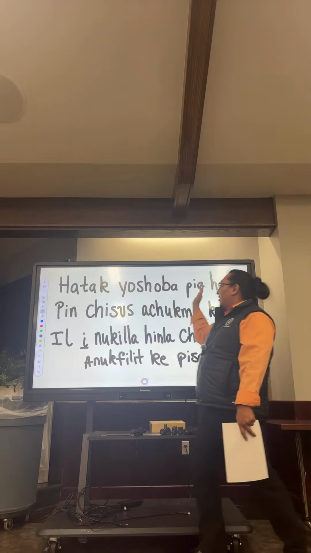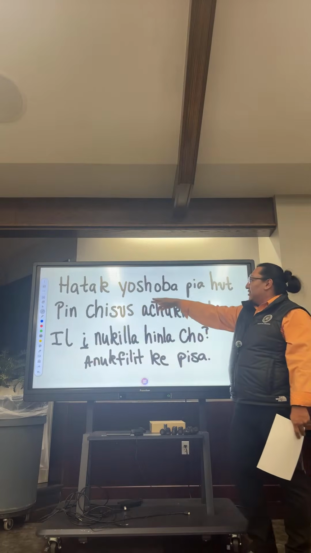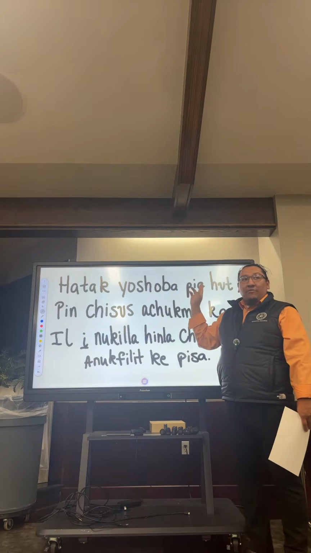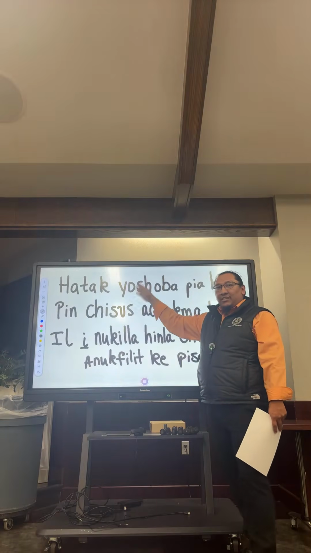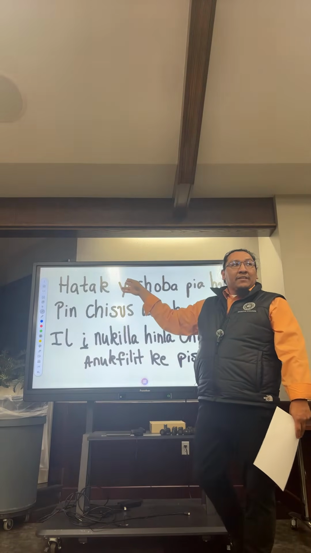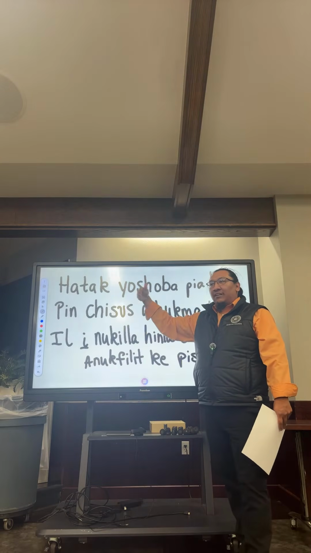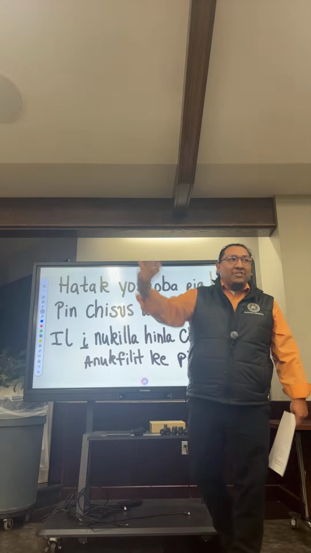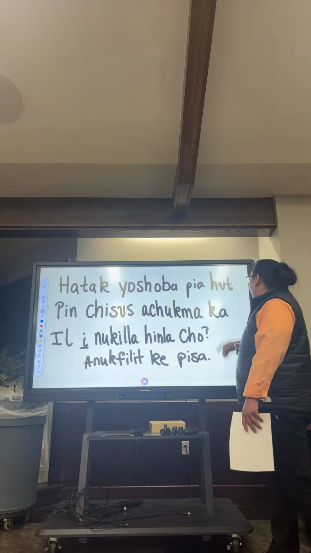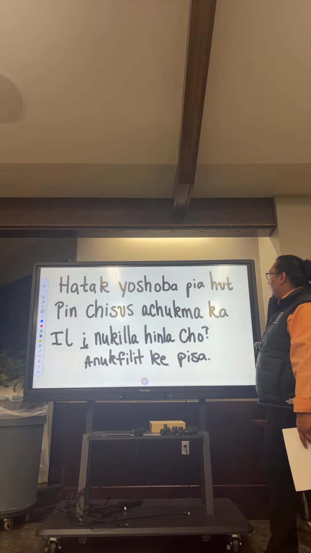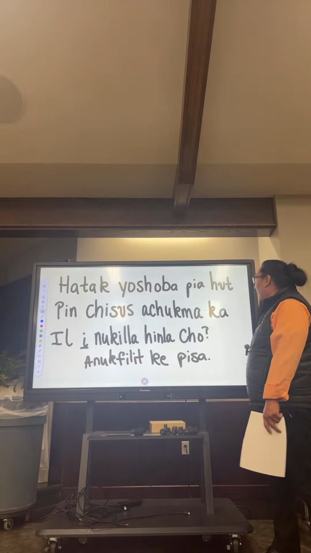Anything that comes before it is describing who's doing something. So that means Hatak Yoshoba Pia, we are lost people. We are lost human beings. And so we lost human beings are going to do something afterwards, right? Because we're the subject. And hut, obviously, is that other form of subject marker instead of yet.